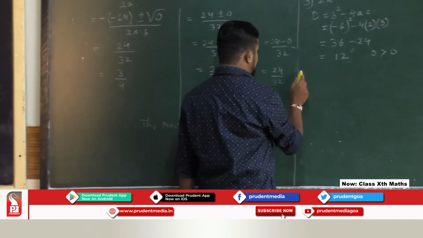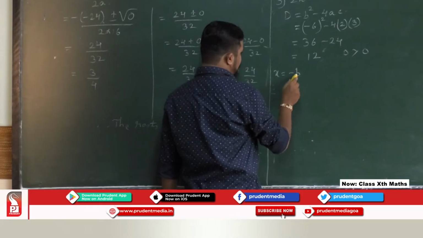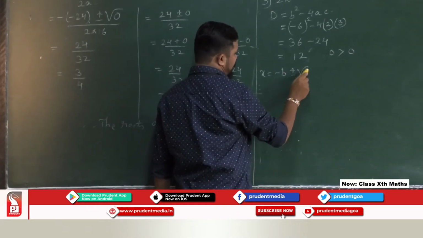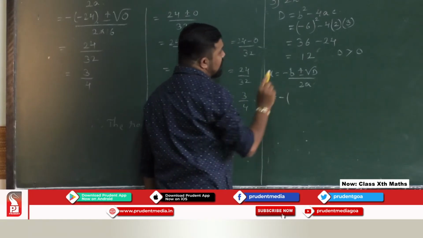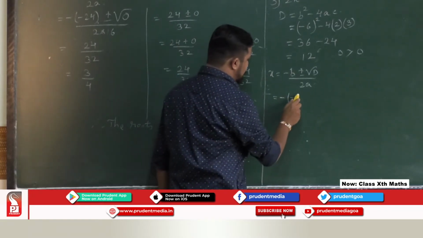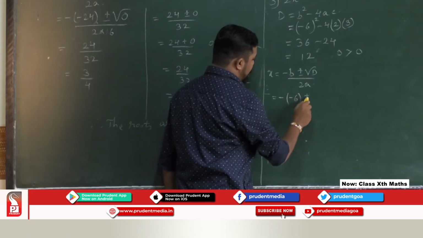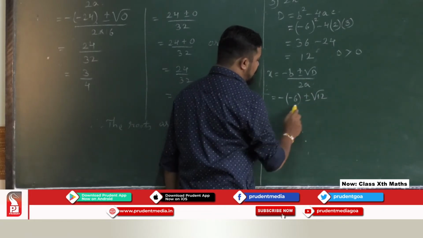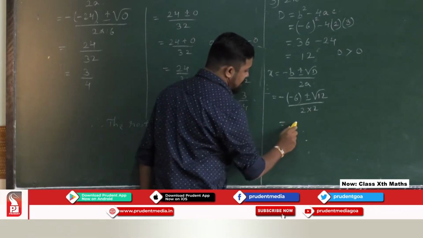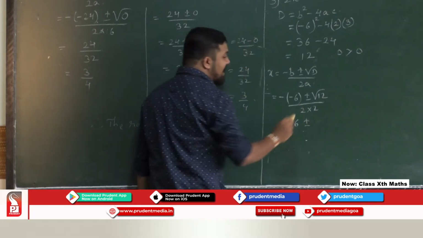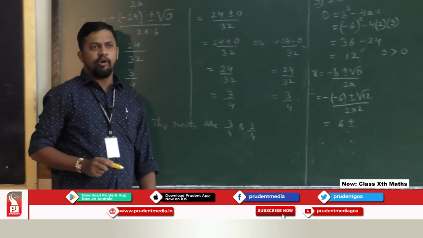And when D is greater than 0, you will get two separate, distinct roots. Let us find our roots. Minus B plus or minus root D upon 2A. Negative, B is negative 6, so 6, root 12. Now we don't get the root of 12 because it's not a perfect square.